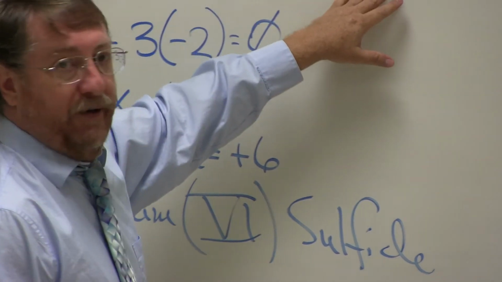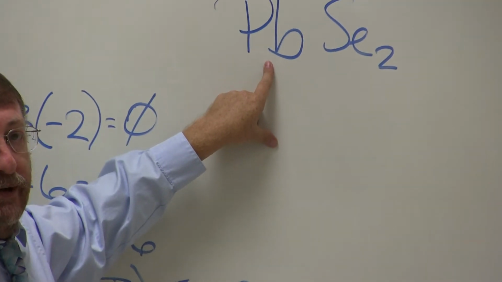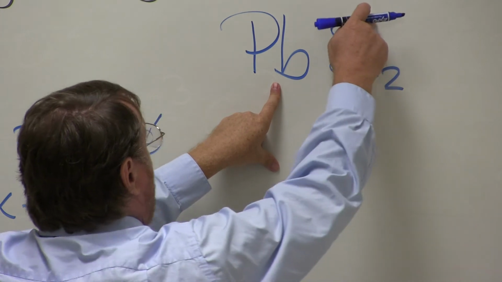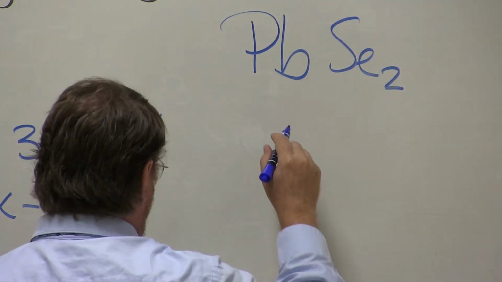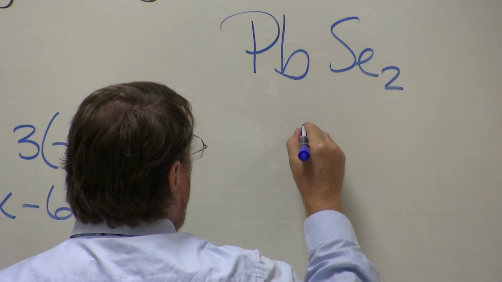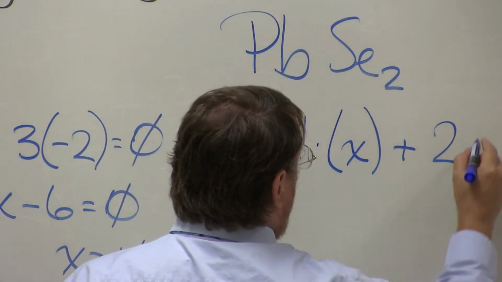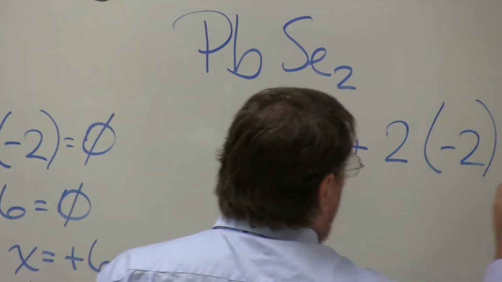Last example I have here is PbSe2. Lead is not a fixed charge metal. It has more than one possible charge, so we have to determine it. Selenium is also in oxygen's column, so it's a -2 element. So I'm going to have 1 lead, unknown charge, plus 2 seleniums at a -2 charge equals 0.